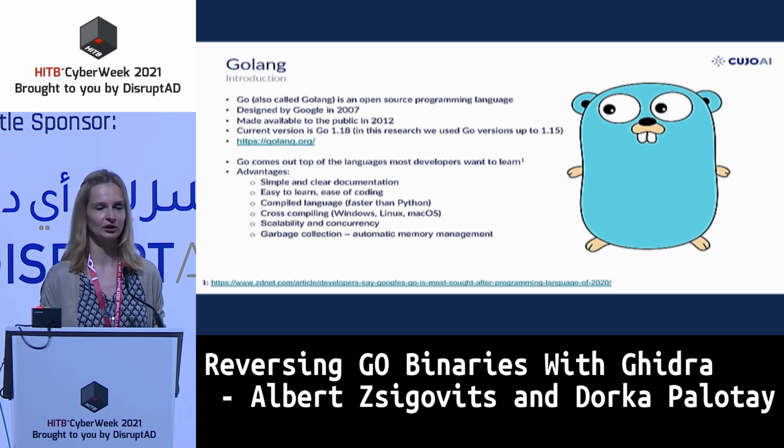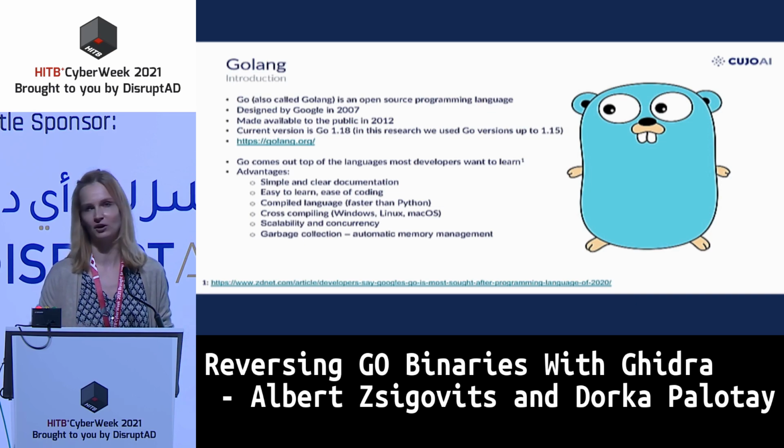Probably the biggest advantage of this language for malware developers is the cross-compiling feature of Go. So you don't have to maintain different code bases for Linux, Windows, Mac and whatever. You just have one code base, and then you can compile it for the different architectures that you want to use. In the case of botnet families, this is very useful for malware developers.